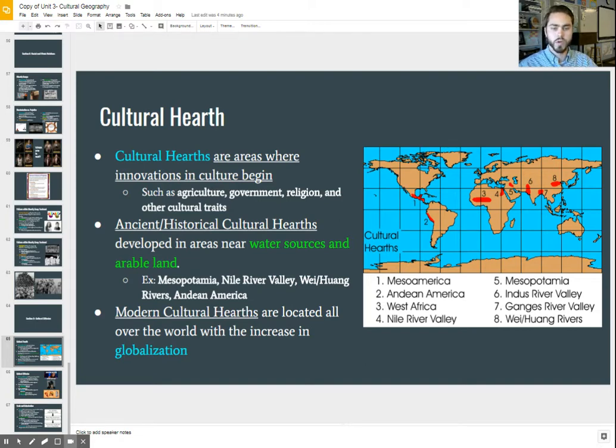These were areas where innovation really kicked off after they had many different ways in which they could gain culture over time. These were also areas that were suitable to farming. They were all near fresh water sources, so mostly rivers. And this allowed them to be a more sedentary group of people and spend more time doing other things rather than just hunting and gathering.